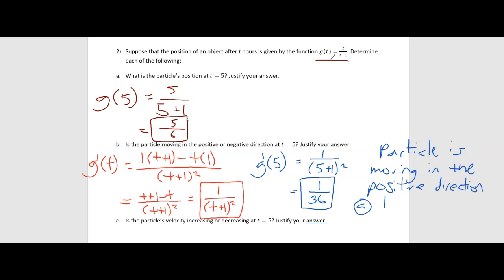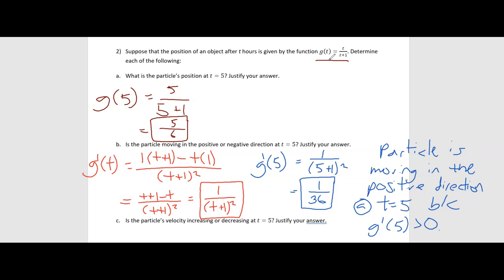Don't forget that part, at t equals 5, because g prime of 5 is greater than 0. Okay, so that would be a complete justification.